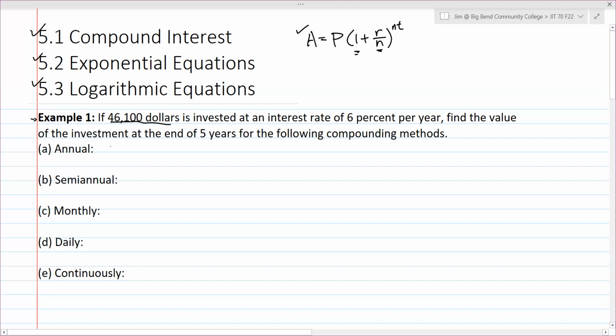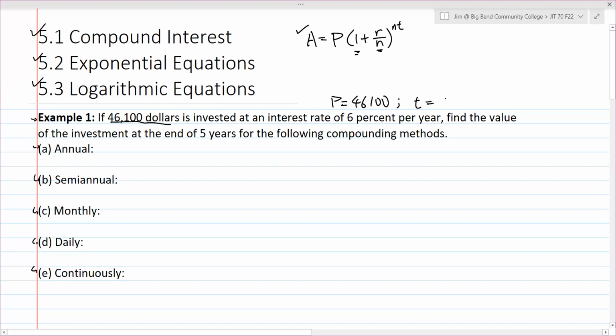Okay, let's figure out the different versions of the compound and see what we have. First of all, in this question, we know that P stands for the principal value, which is $46,100, and that will be the same for all 5 parts.